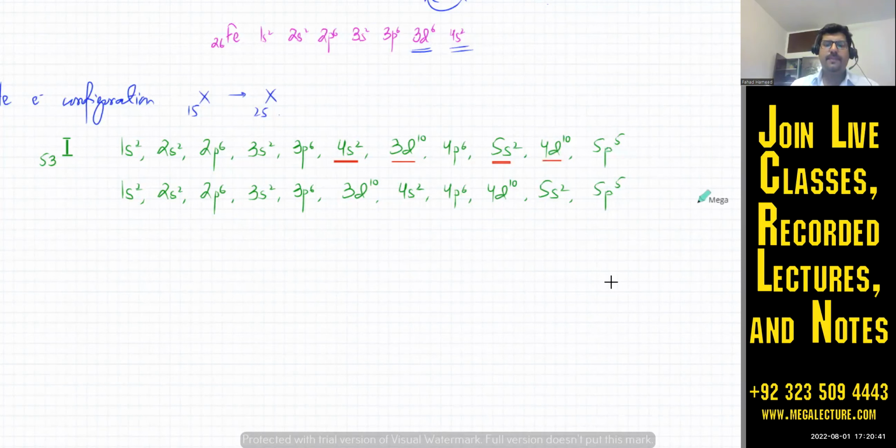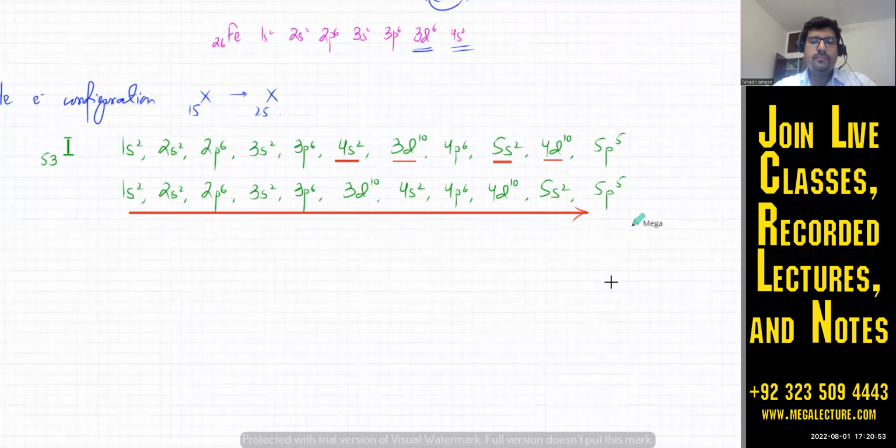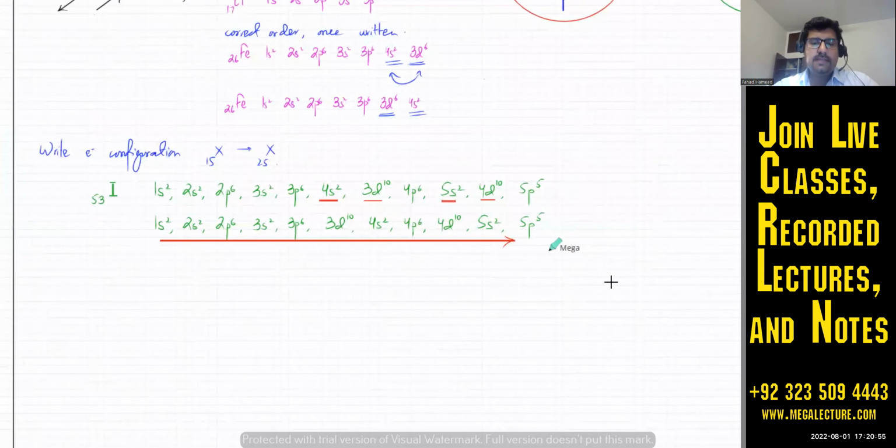Now the order is correct, but only do it once you've already written down the electronic configuration. So that's it. That's iodine's electronic configuration.